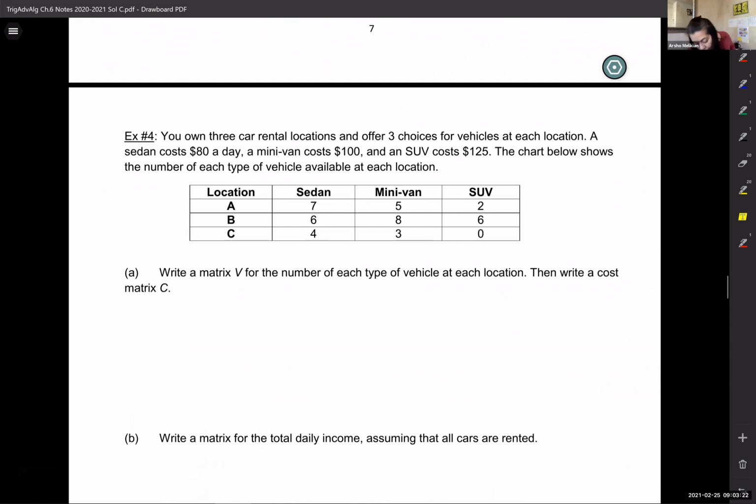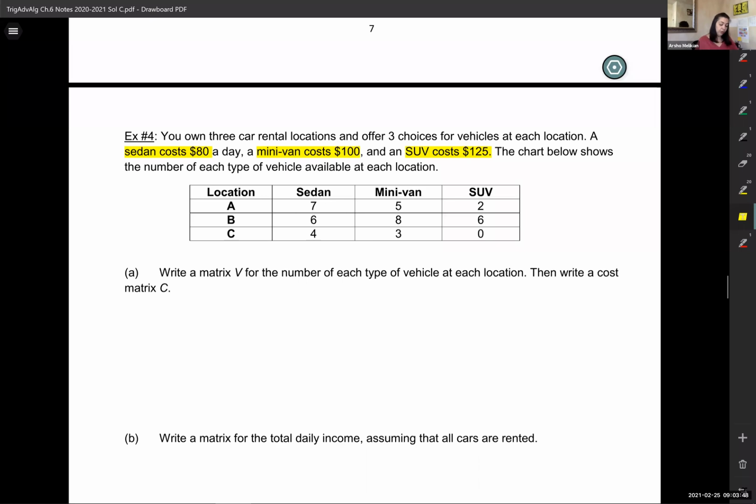Let's do some applications. You own 3 car rental locations, and you offer 3 choices for vehicles at each location. A sedan costs $80 a day. A minivan costs $100 and an SUV $125 a day.